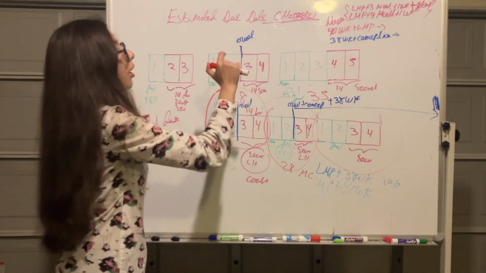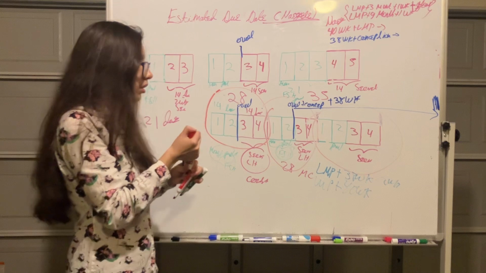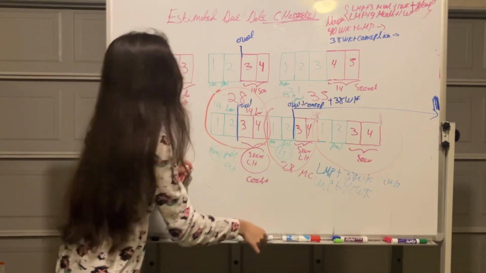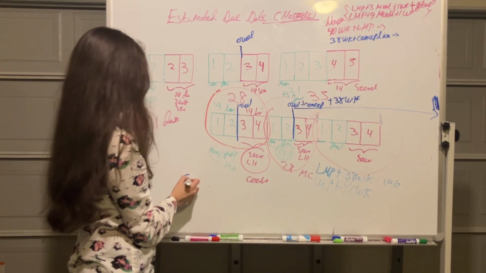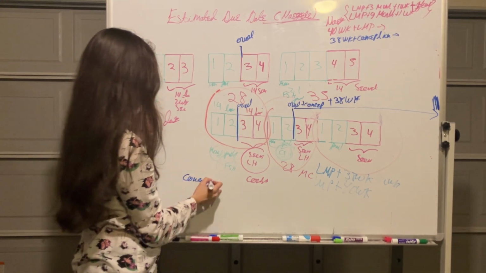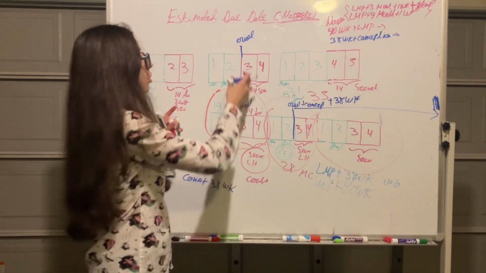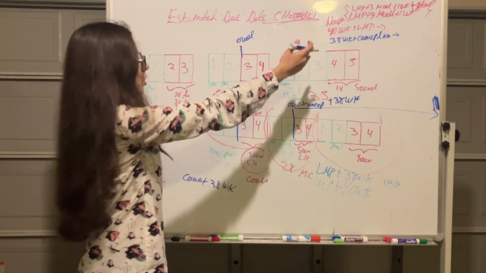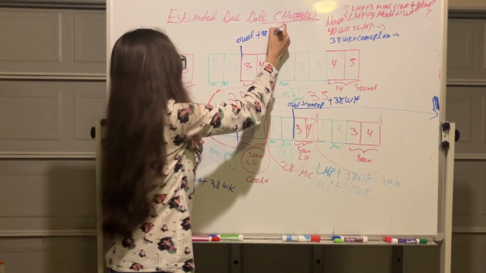So now, independently of the duration of the menstrual cycle, the due date is always going to be the conception date plus 38 weeks. So here the conception date will be this ovulation date plus 38 weeks.